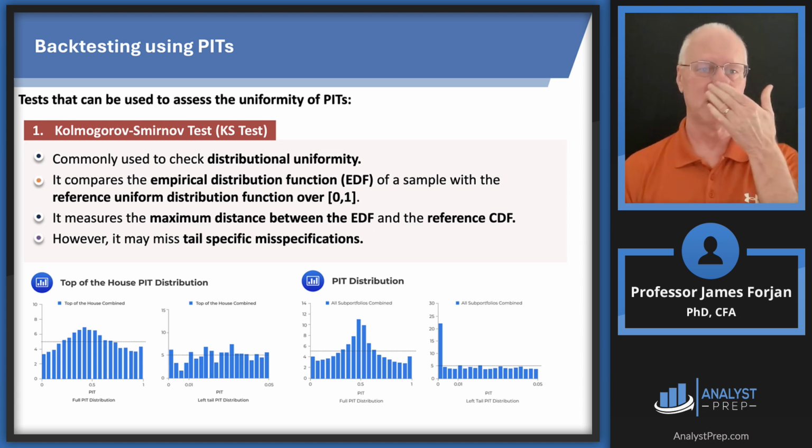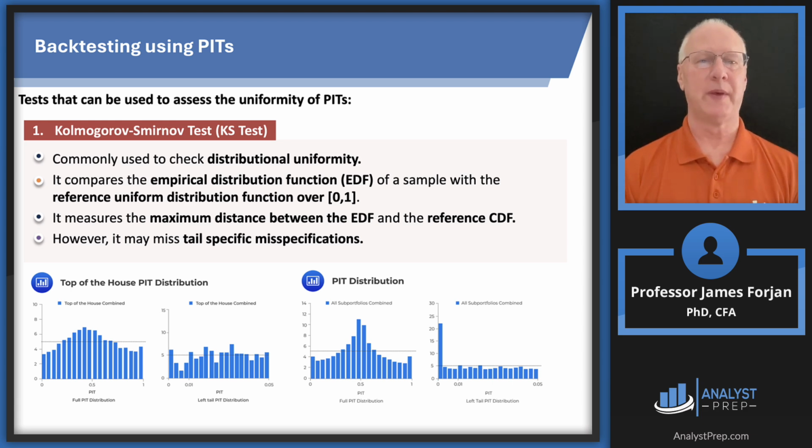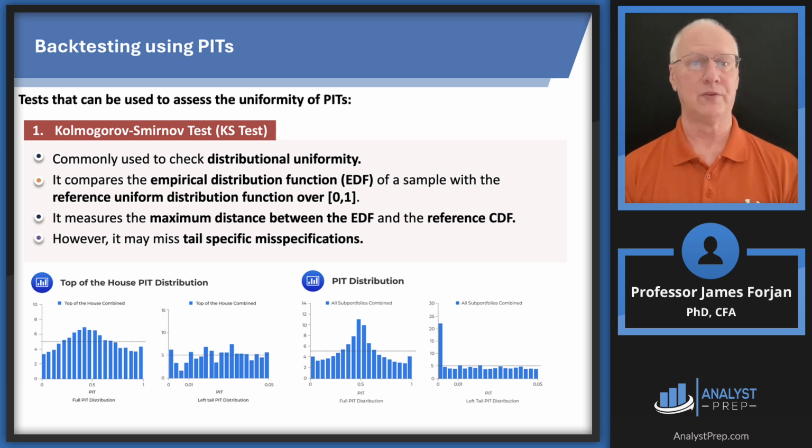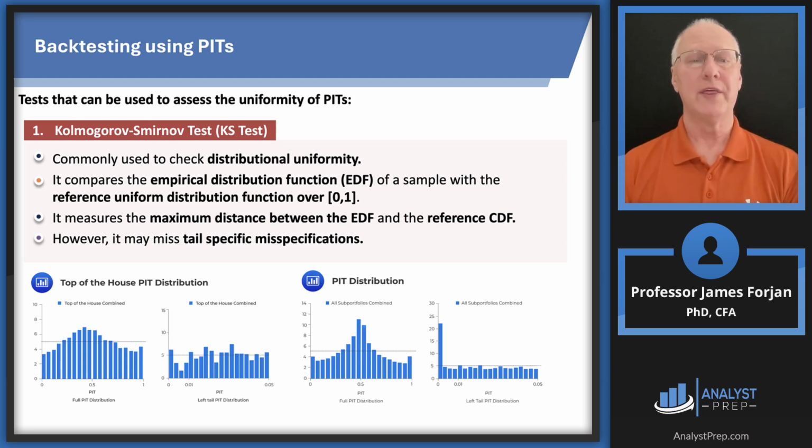All right, so let's do this KS test. Let's go ahead and spend some time trying to determine why GARP and the authors used these tests, which are way more comprehensive. So here's this KS test. What it's going to do is compare that empirical distribution, which we can observe, with the reference uniform distribution.